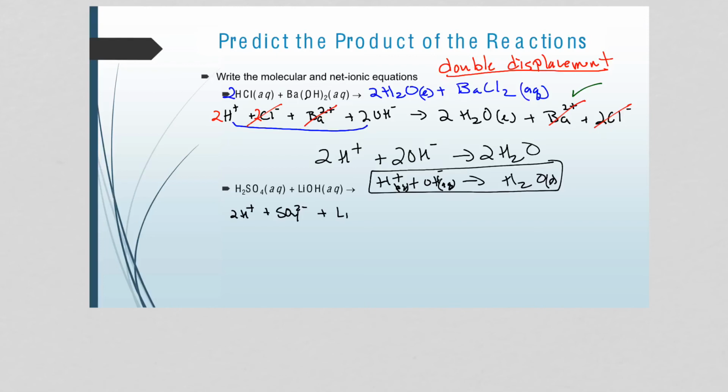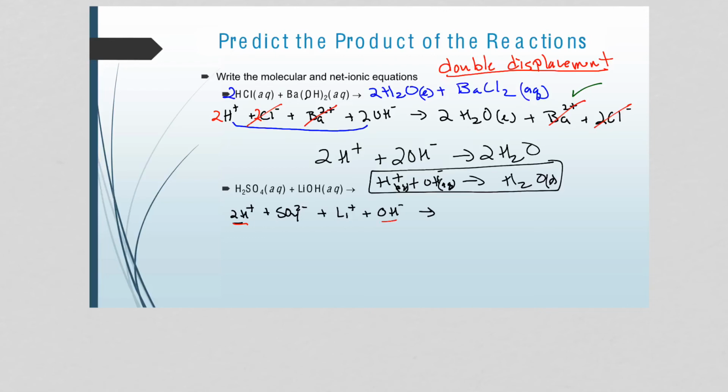We have a lithium plus ion plus a hydroxide ion. Now, we combine the positive ion from the first one with the negative ion of the second one.